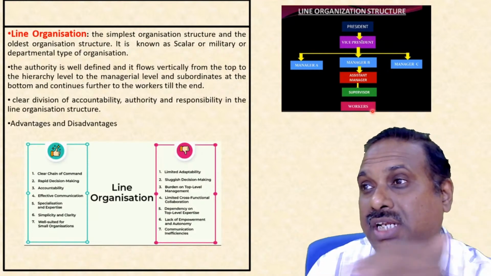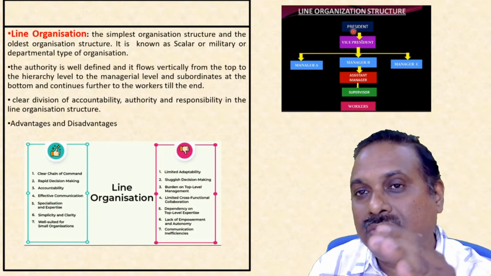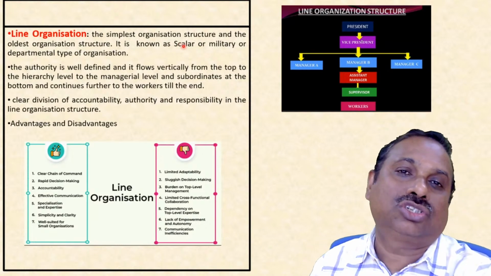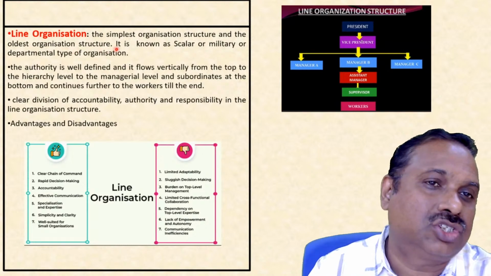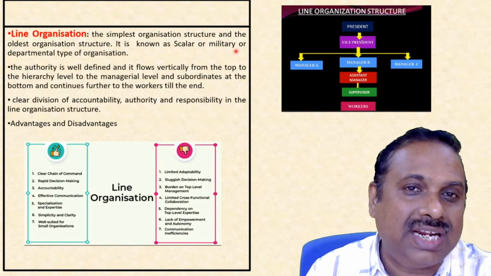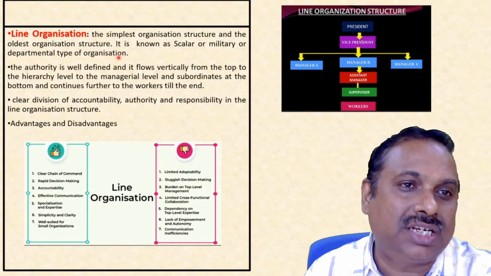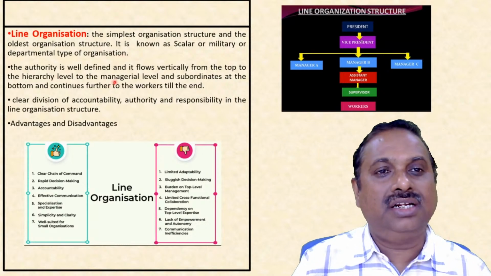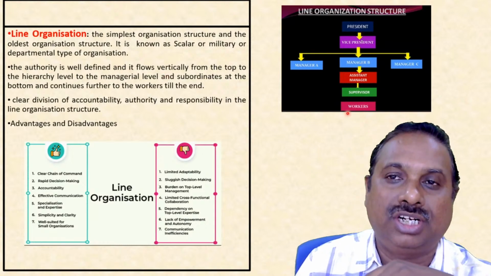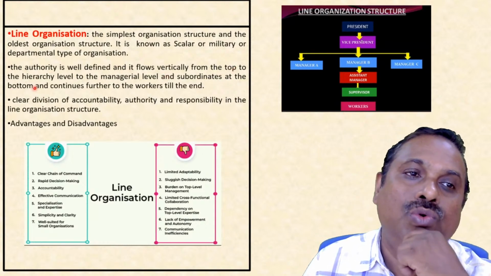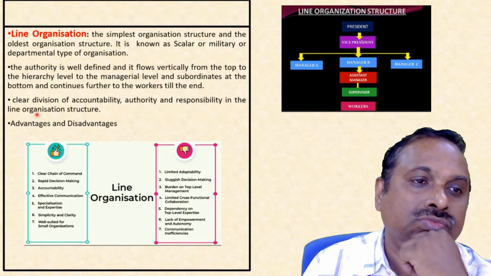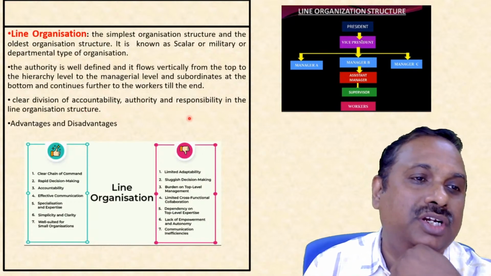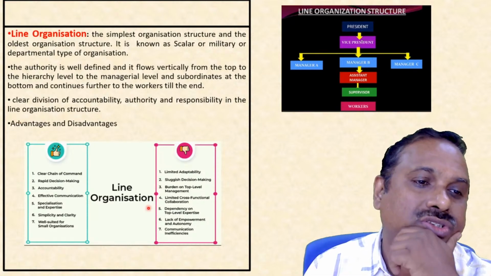Generally, the military is a line organization. It is the simplest and the oldest organization structure. It is known as scalar, military, or departmental type of organization. The authority is well defined and it flows vertically from top to bottom. There is clear division of accountability, authority, and responsibility in the line organization structure.